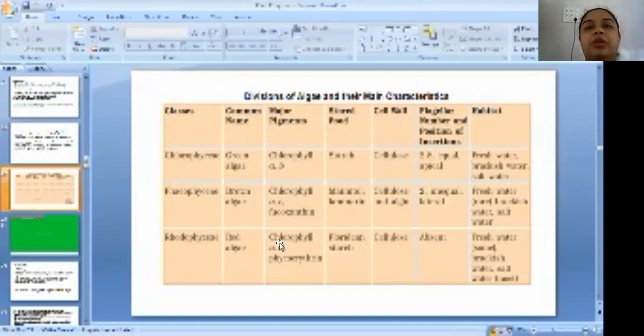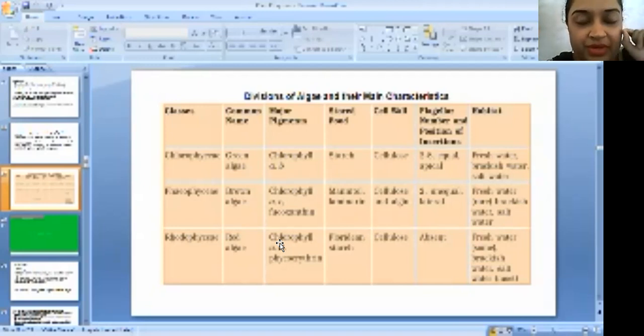वेरी गुड. नाउ मेजर पिगमेंट्स याद रखना है. फिर फूड स्टोरेज कैसा होता है. पहले पिगमेंट्स कौन कौन से हैं इन दिस क्लोरोफाइसी. In Chlorophyceae, they are A and C. Sorry, A and B. Then Rhodophyceae. Sorry, what comes in Phaeophyceae? Phaeophyceae में कौन से pigments हैं?